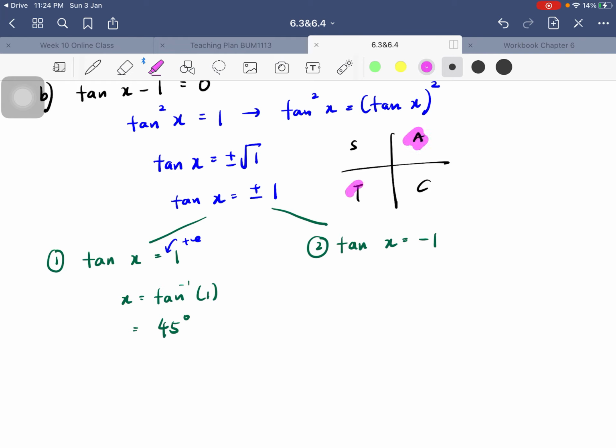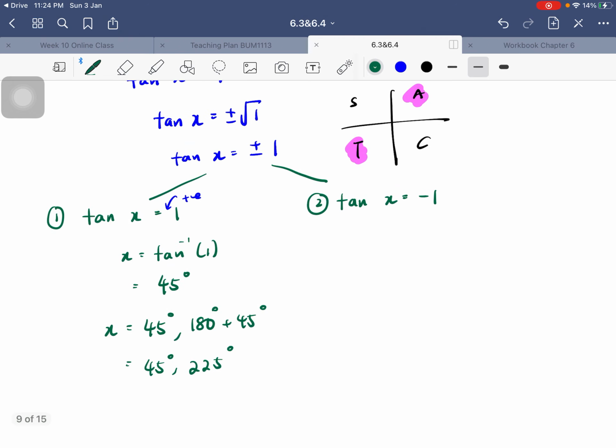It's going to be in the first quadrant and also the third quadrant. So I will get x equals 45 degrees in the first quadrant. In the third quadrant, it's going to be 180 degrees plus 45 degrees. So that is going to be 45 degrees and also 225 degrees. Those are my two solutions when tangent x is equal to 1.